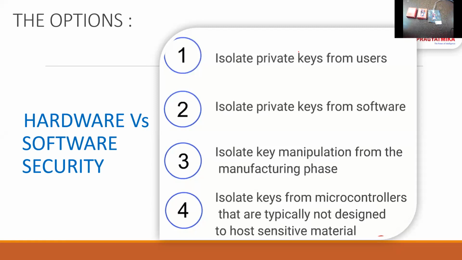And thereafter, microcontrollers are also not designed to keep this information, because microcontrollers have flash memories, and in the 32-bit environment we have the SRAM, where we can store such information. But both the flash and the SRAM can be easily accessed. And in the case of 32-bit environments like ARM controllers, which are majorly used for IoT implementations, we have external memories also connected where we store the program parts.